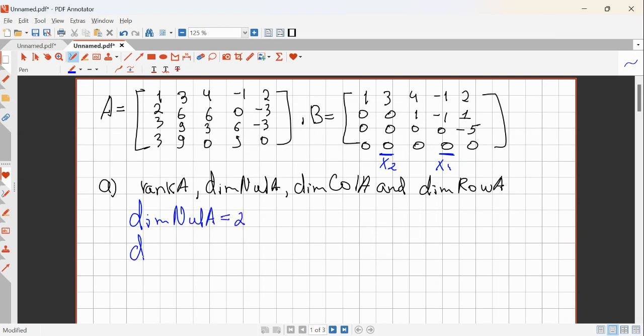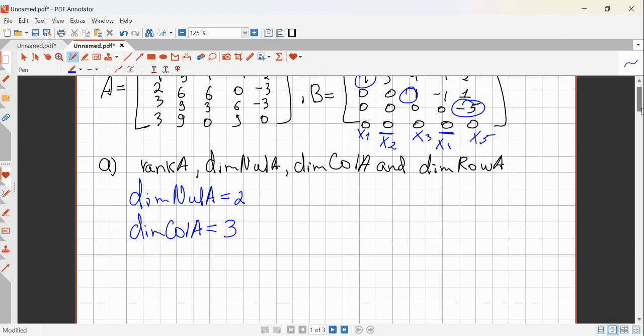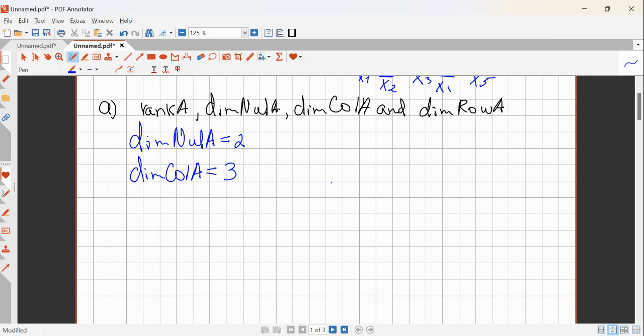What about the dimension of the column space? It means how many pivot positions we have. That's x1, x3, and x5. That's going to be 3. So how can we define rank A and the dimension of the row space? There is a big relationship between them.